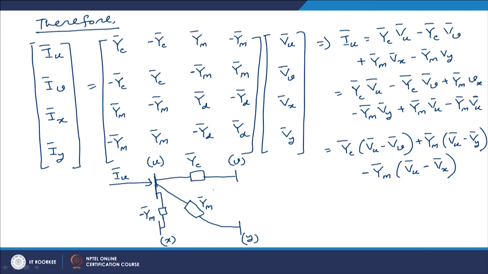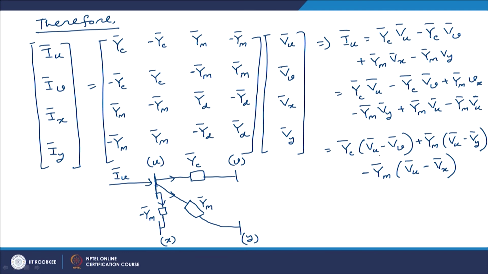Now, the current entering this bus consists of three currents: this current plus this current plus this current. This current is VU minus VV into this admittance, this current is VU minus VY into this admittance, and this current is VU minus VX into this admittance, and this is precisely what this particular relation shows.